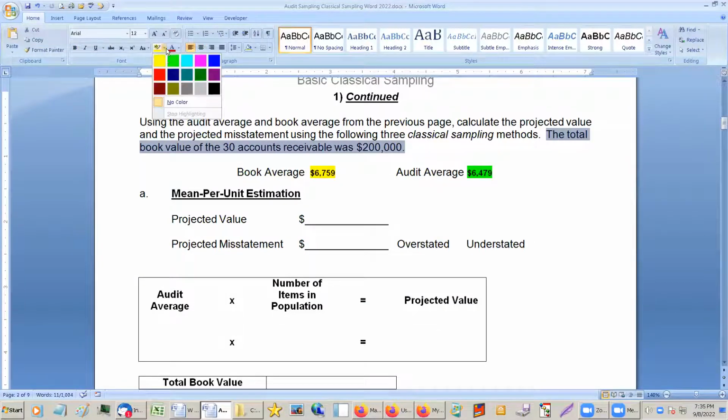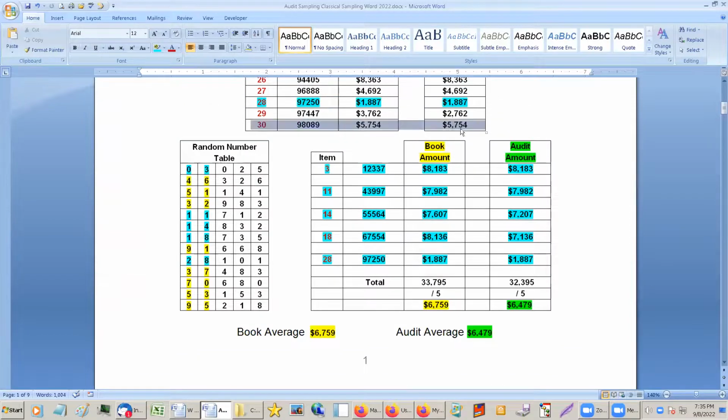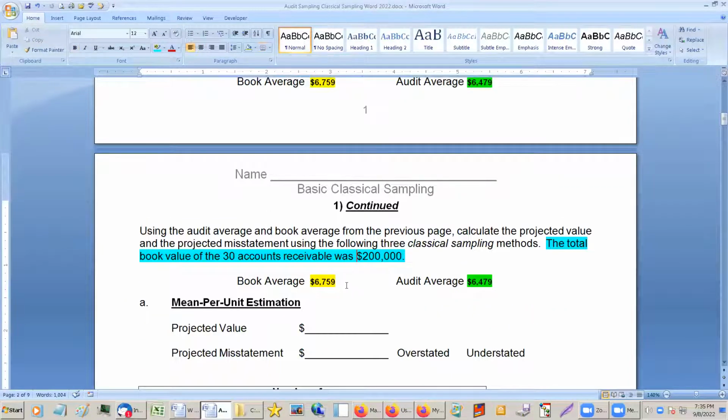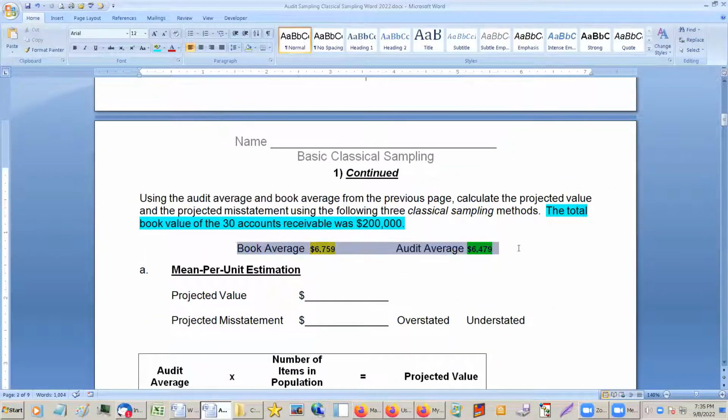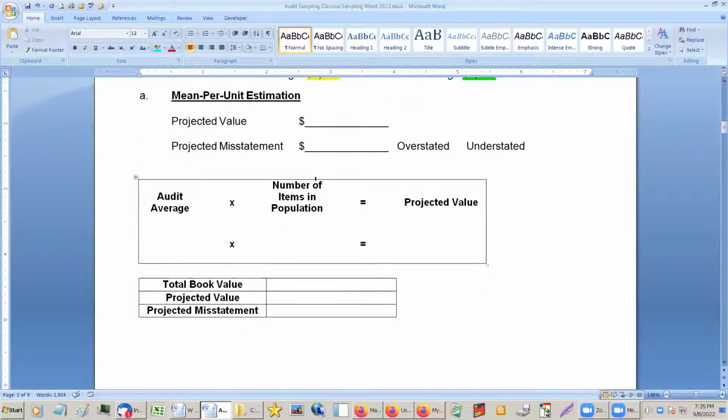So here is our 30 accounts receivable. So these 30 things, we added all those up. On the book side, it would come out to 200,000. So that's what the client says that they have in accounts receivable.